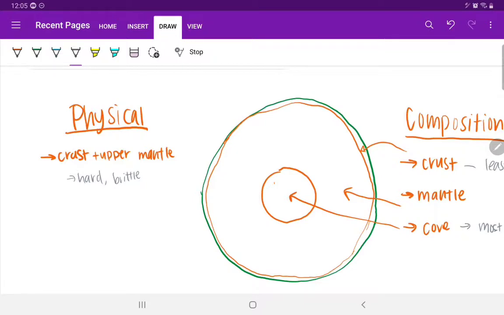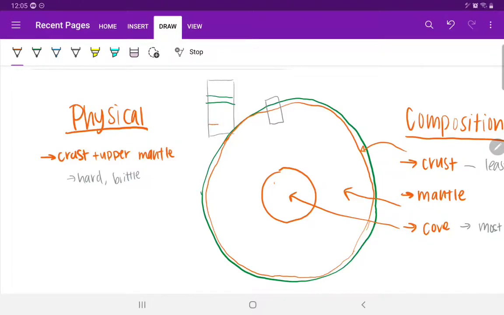What we can do here is take a little bit of a section, including the crust and the upper mantle, and extend this out so we have a bigger panel. Here at the top, in the green, we have the crust.